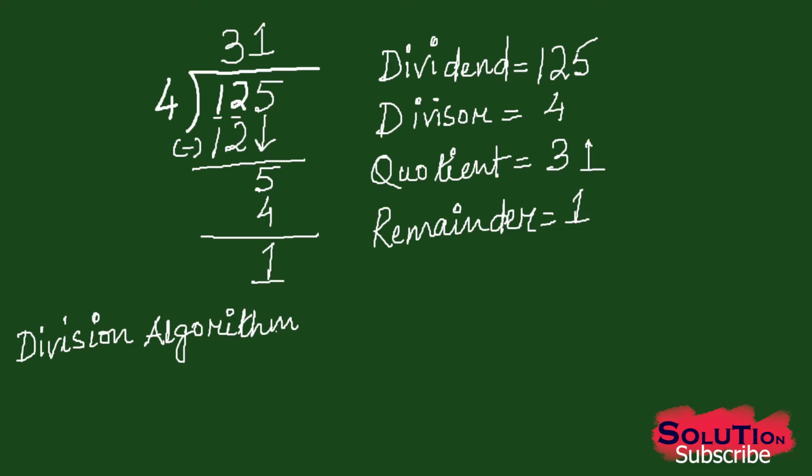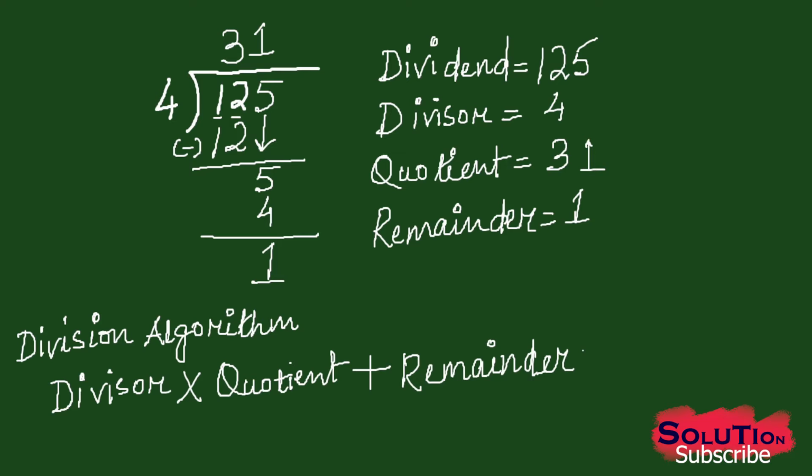So the division algorithm says if I multiply divisor and quotient and then add the remainder, then we must get the dividend. So if whatever we have done is correct, then we must get the dividend.